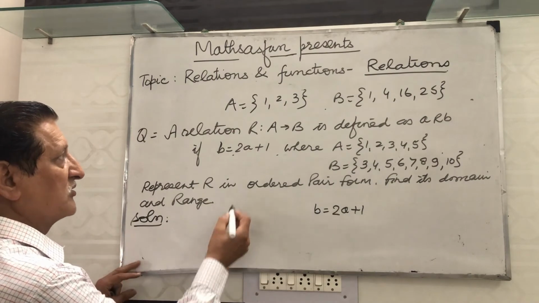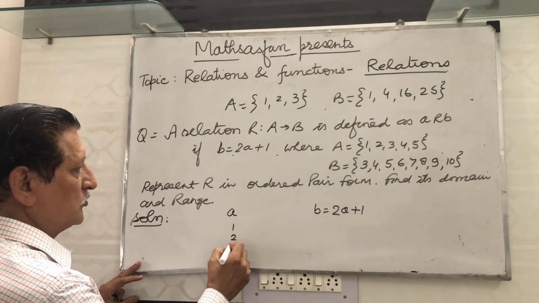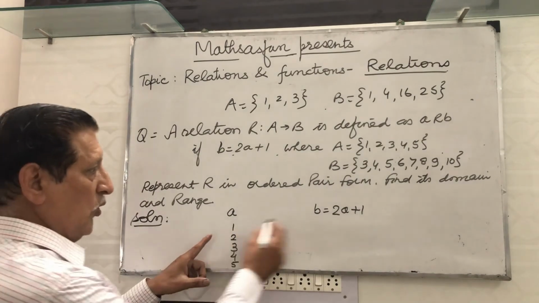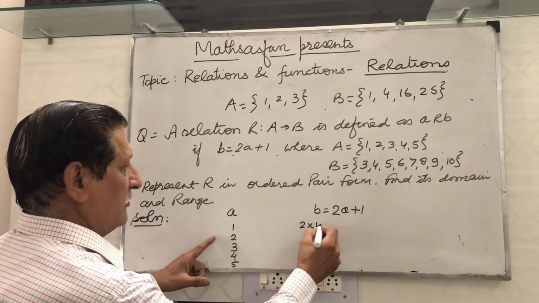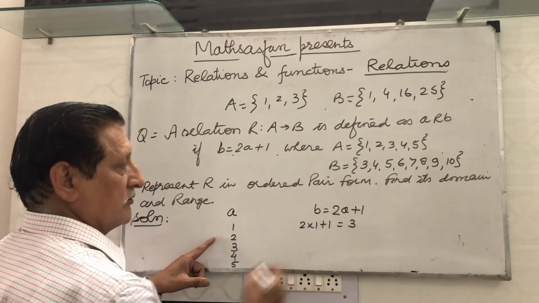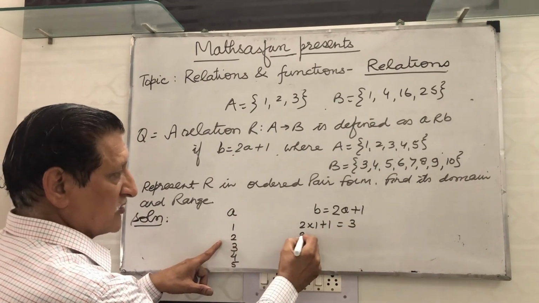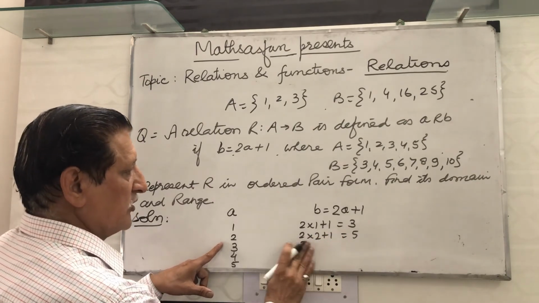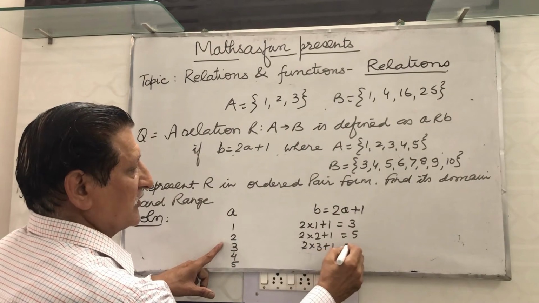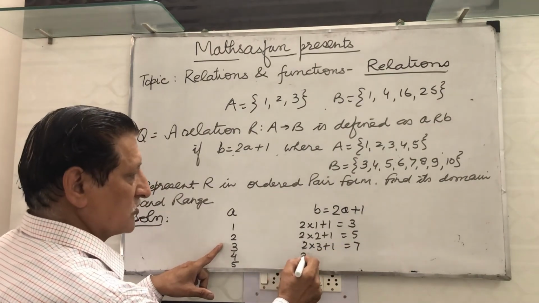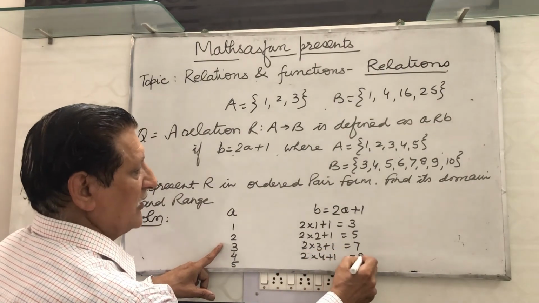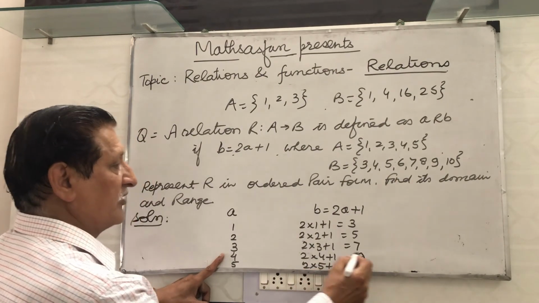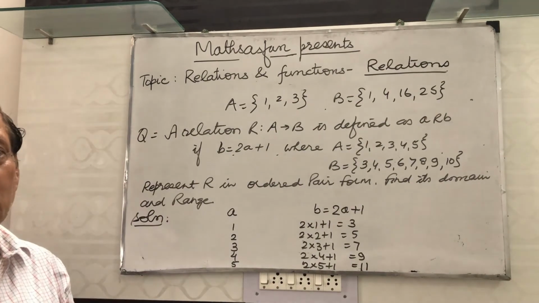When we take all the elements of A, they are 1, 2, 3, 4 and 5. 2a plus 1 means 2 into 1 plus 1, that is 3. 2 means 2 into 2 plus 1, that is 5. 3 means 2 into 3 plus 1, that is 7. 4 means 2 into 4 plus 1, that is 9. And 5 means 2 into 5 plus 1, that is 11.